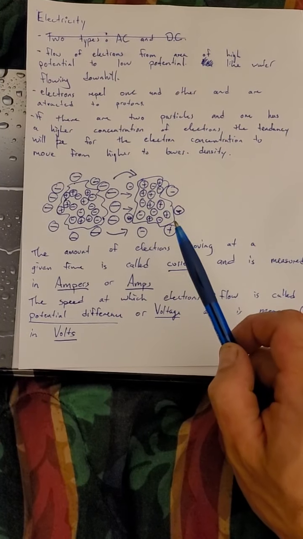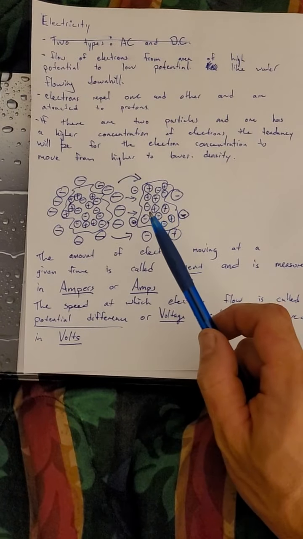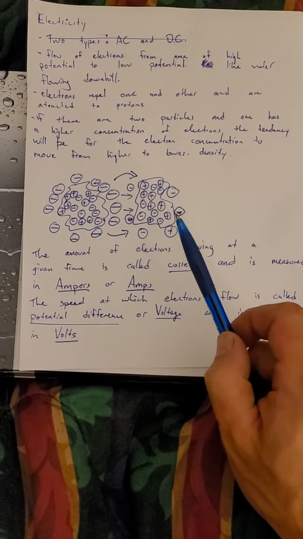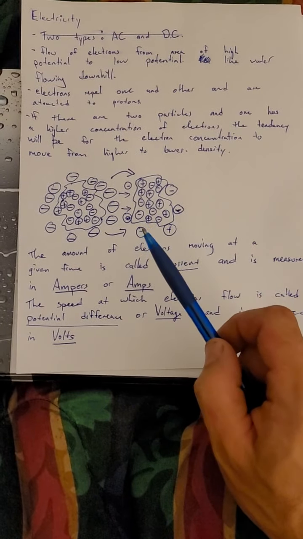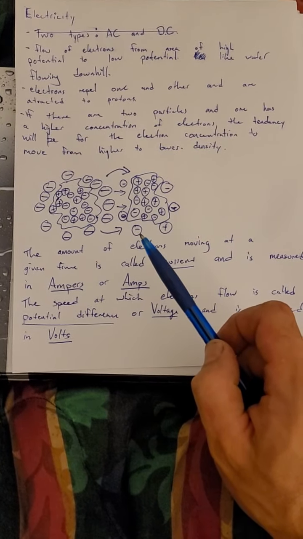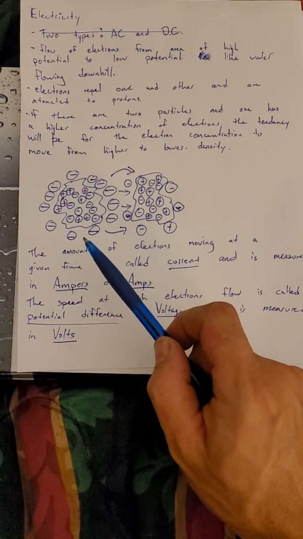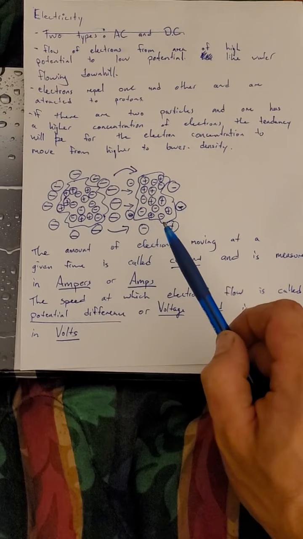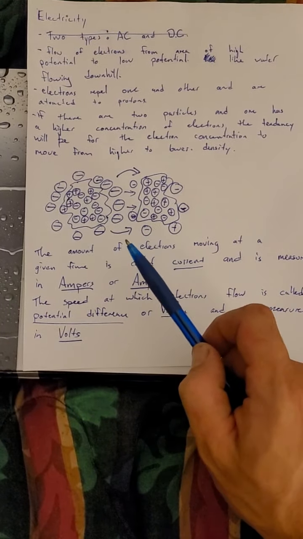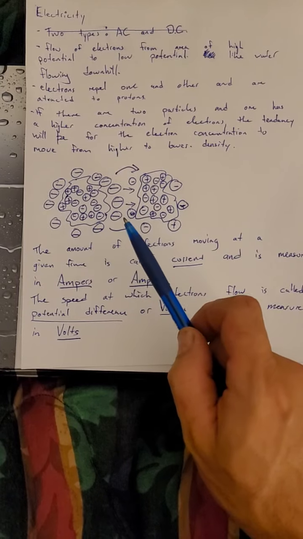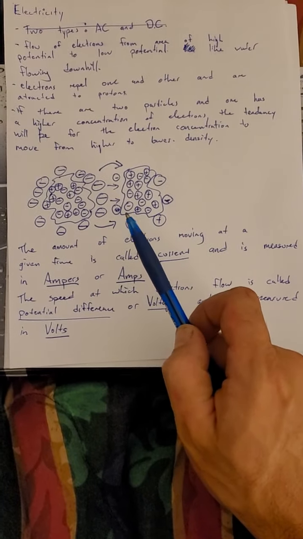And on the right, there are fewer electrons, the ratio of electrons to protons is smaller. So you can see that the tendency would be for the electrons to move from the left to the right here. And they would move through, I didn't write it on the paper, but they would move through a conductor.